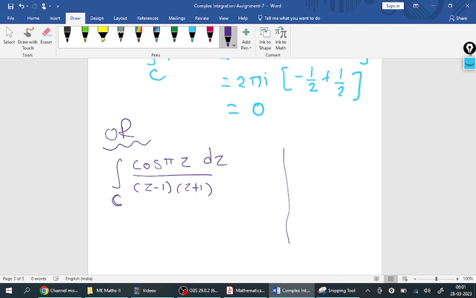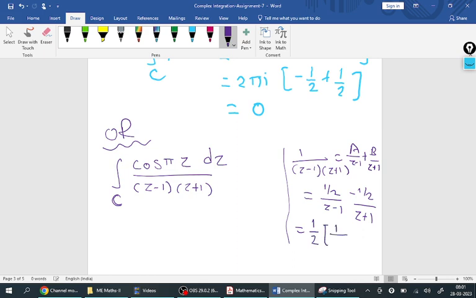So 1 upon z minus 1 into z plus 1 is equal to, let me assume, A upon z minus 1 plus B upon z plus 1. So find A and B. If we put z equal to 1, you get 1 by 2, so 1 by 2 upon z minus 1. To get B, we replace z by minus 1, so minus 1 by 2 upon z plus 1. So this 1 by 2 comes common and we are left with 1 upon z minus 1 minus 1 upon z plus 1.